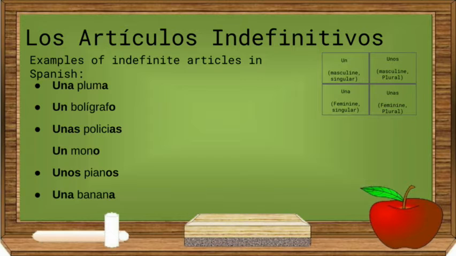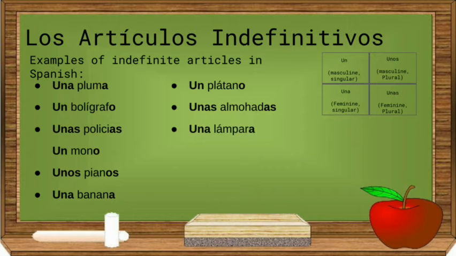Una banana, a banana. Un plátano, a plantain or a banana. Unas almohadas, some pillows. Una lámpara, a lamp. Un armario, a closet. Una bolsa is a purse, y unos libros, some books.